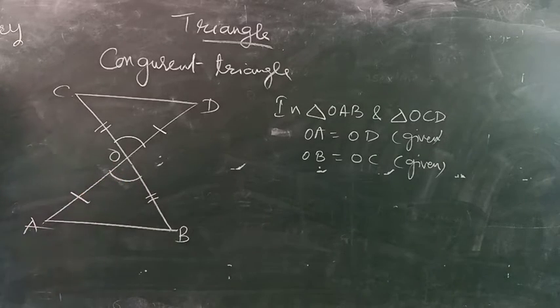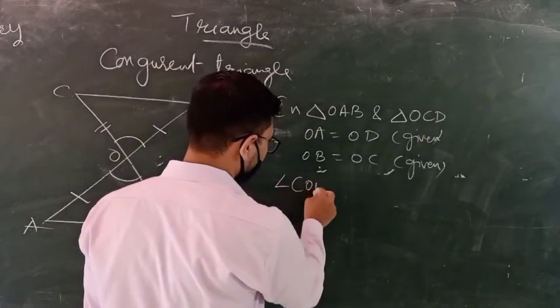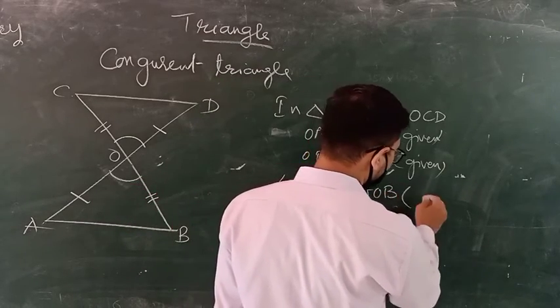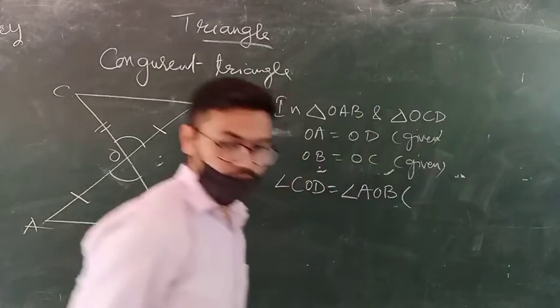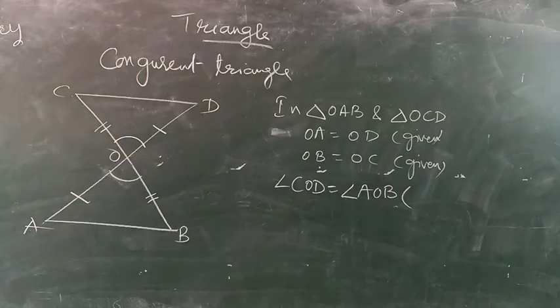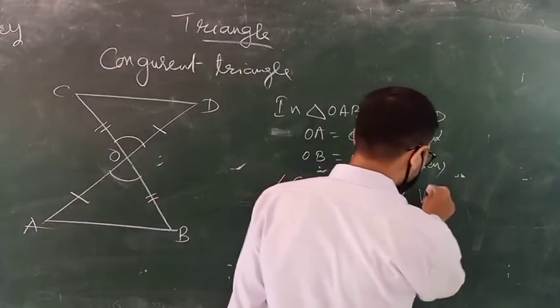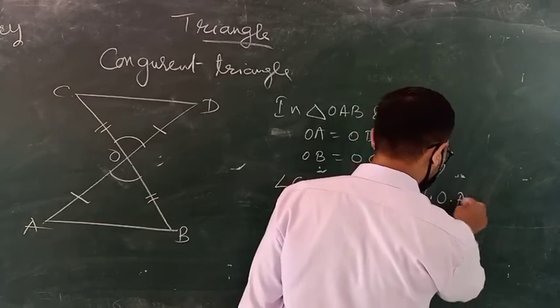ये given नहीं था, ये आपने observation किया. So now you can write angle COD is equal to angle AOB, and the reason behind it. तो ये फोर्स क्लियर है आपका कौन सा? So angle COD is equal to angle AOB. Reason is vertically opposite angles.